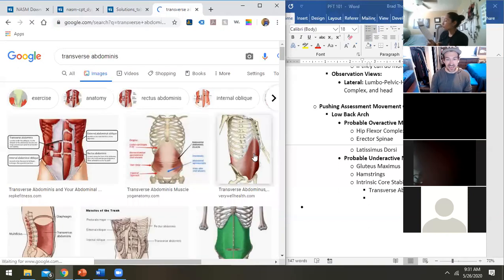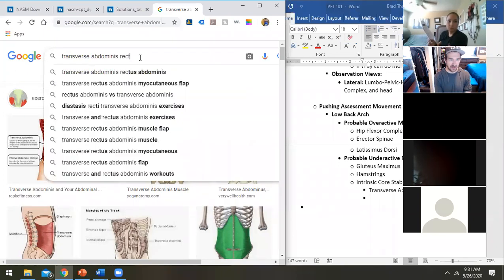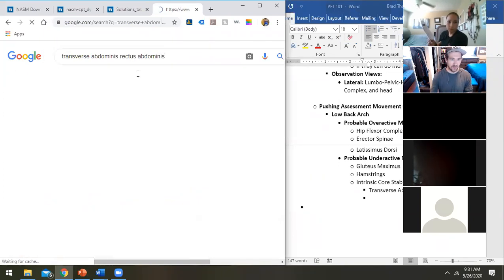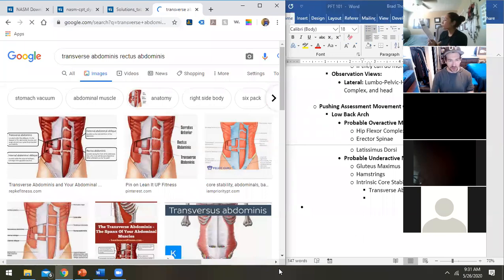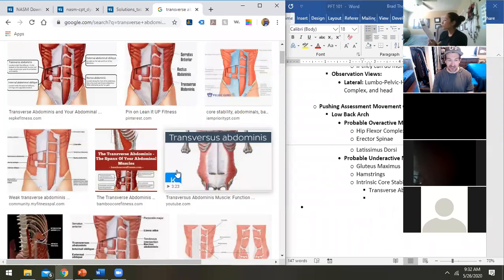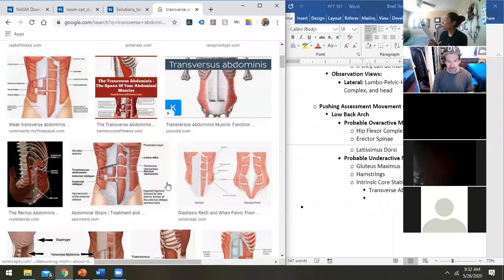It's this stabilizing inner layer that's wrapping around and stabilizing everything. It's creating intra-abdominal pressure. And then if you look at your rectus abdominis, you can see it's going to be that outermost layer that's stabilizing on top.